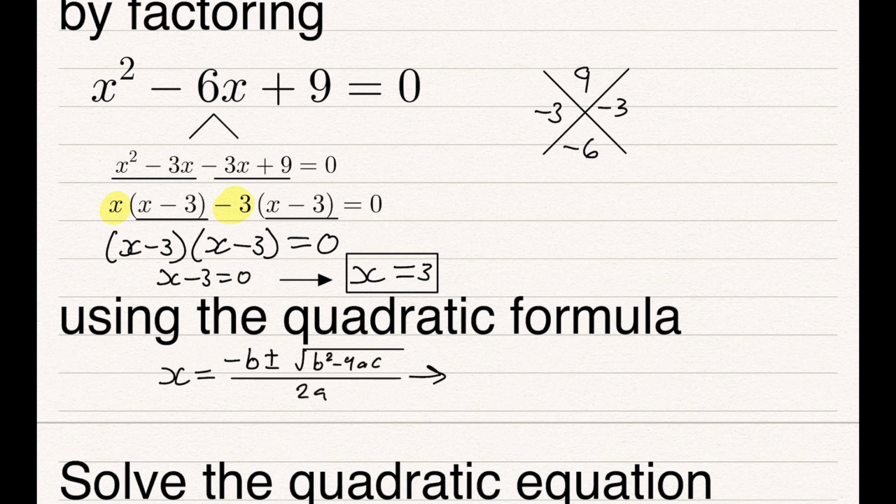So here, b is negative 6, and negative negative becomes positive, so we have 6 plus or minus the square root of negative 6 squared, and when we square a negative, it will become positive, minus 4 times a is 1, and c is 9, all over 2 times, again, a is 1.